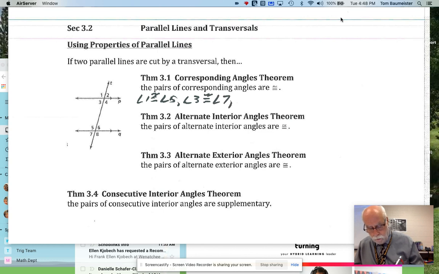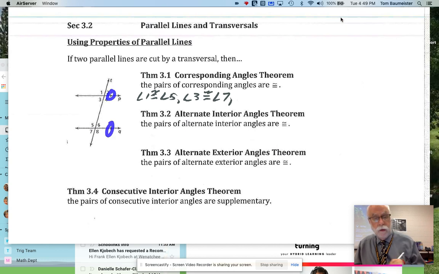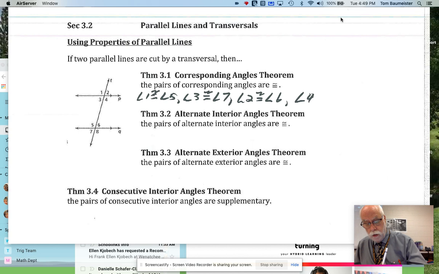If we go the other way, we should see that 2 and 6, and 4 and 8 are congruent. That's when they're parallel, and remember, we can tell parallel by the little arrows there, or they will let us know. So angle 2 is congruent to angle 6, and angle 4 is congruent to angle 8.